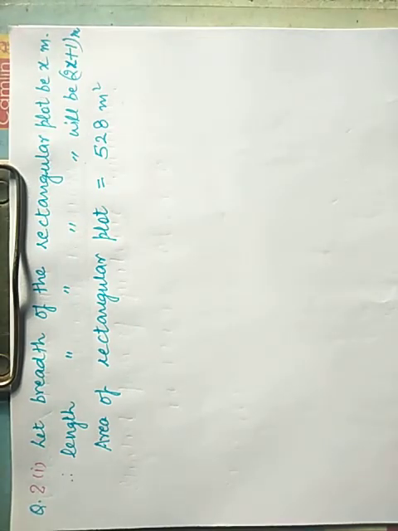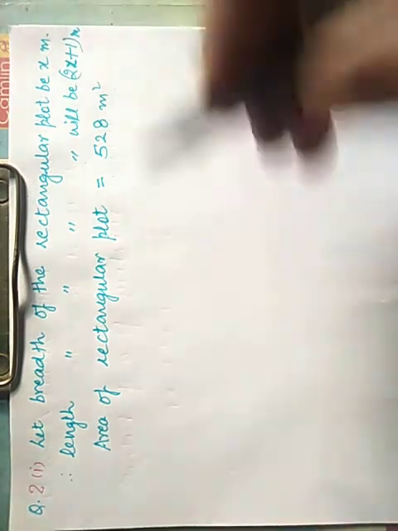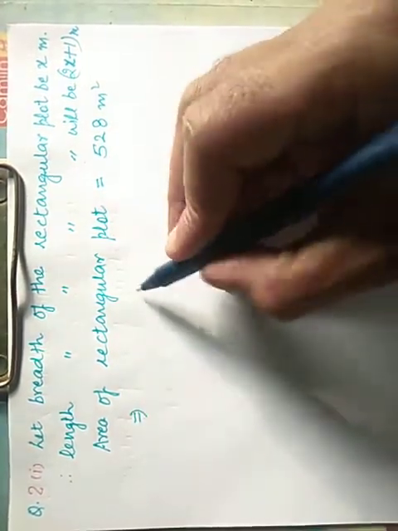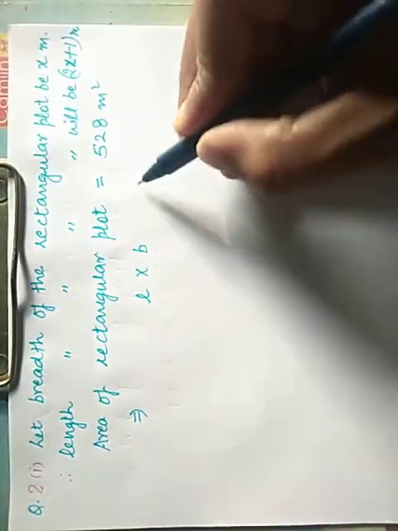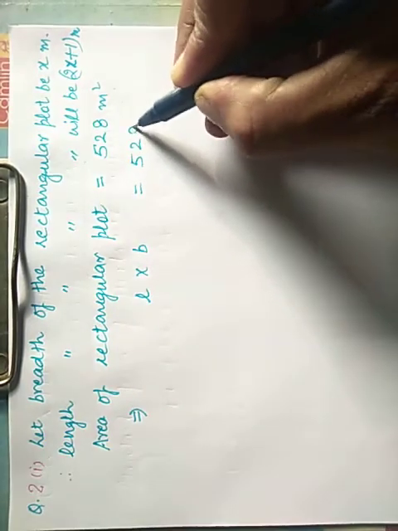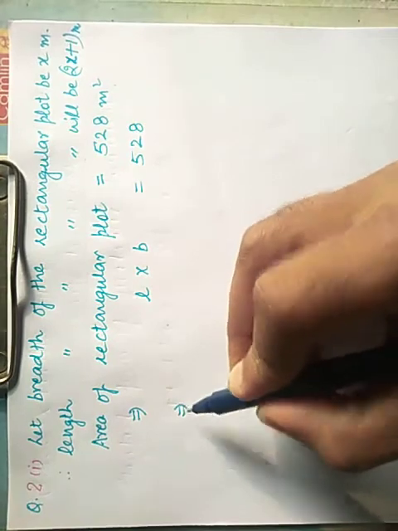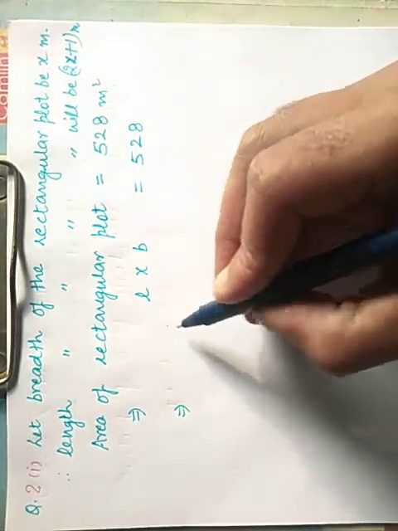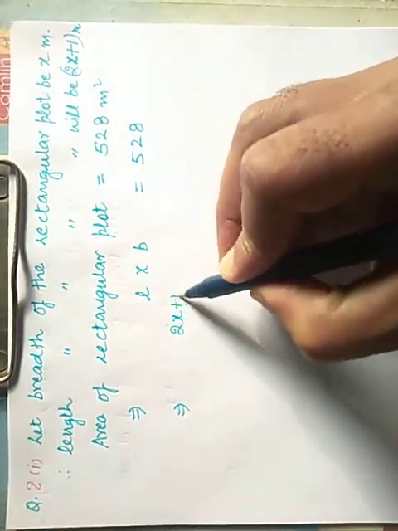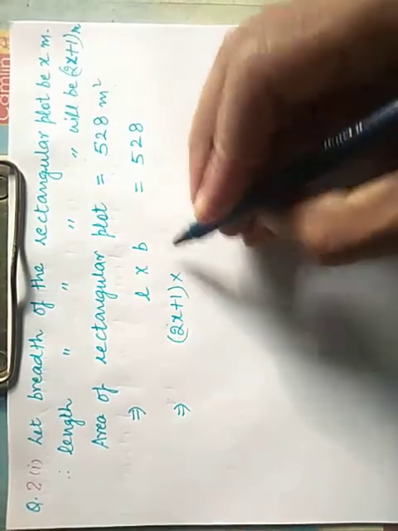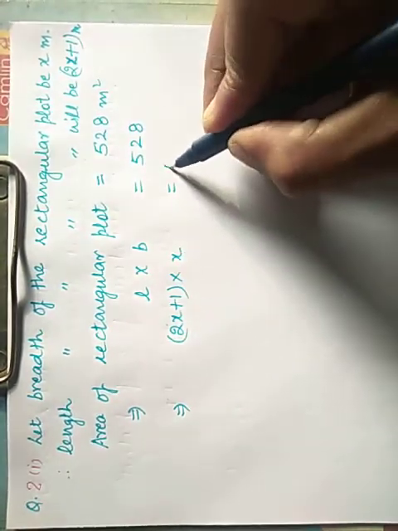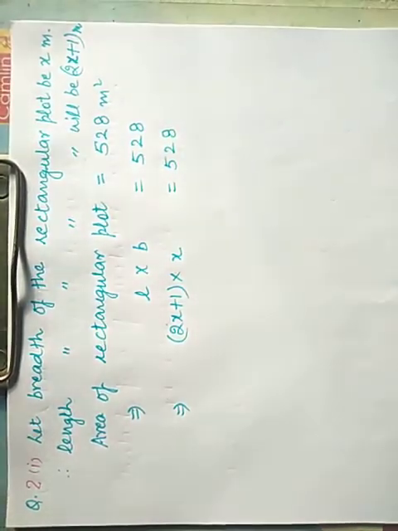So students, we can put what is area, that is length into breadth is equal to 528, right? So what is length? Our length is here 2x plus 1 into what is breadth, it is x, it is equal to 528.